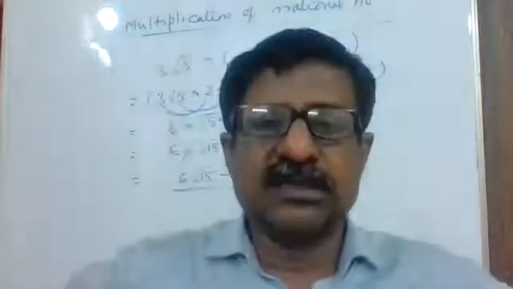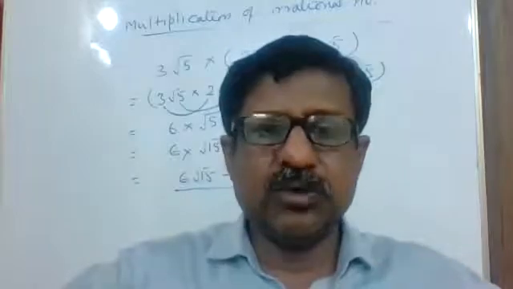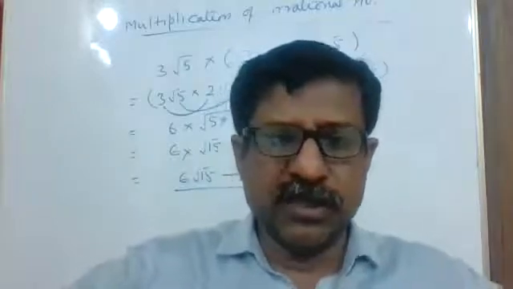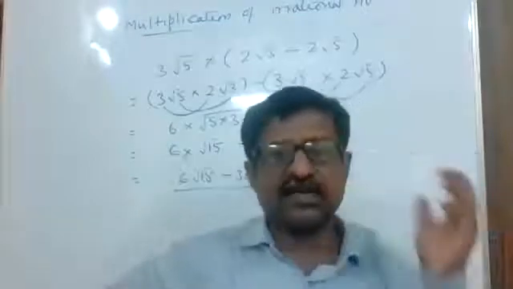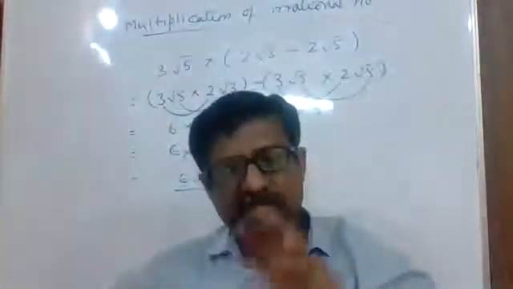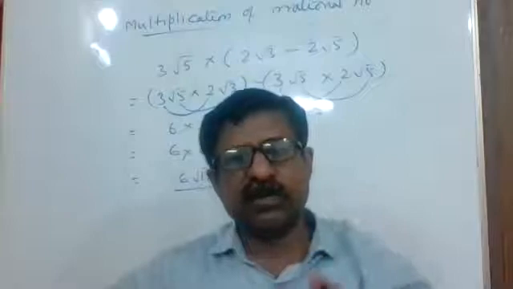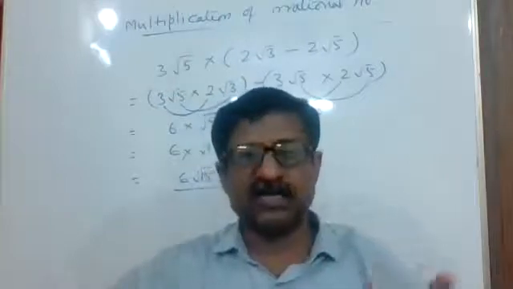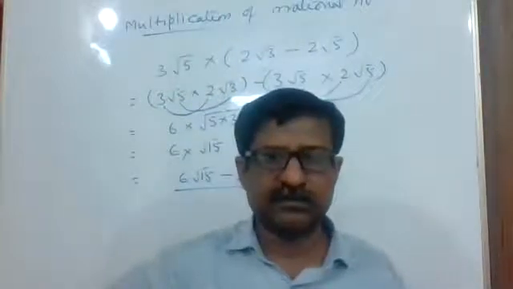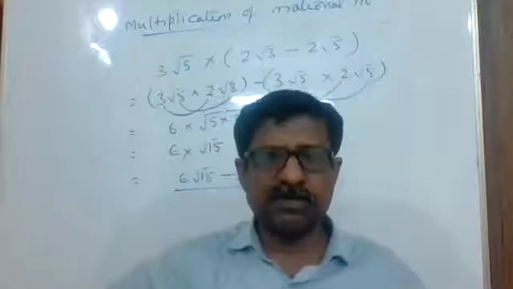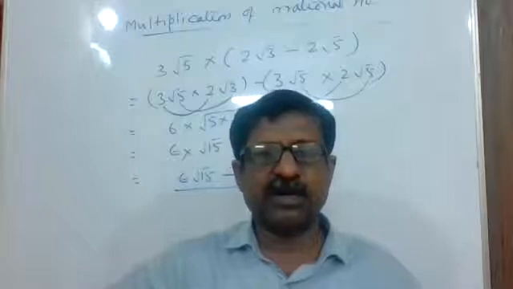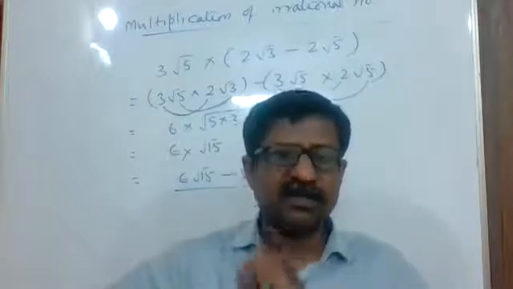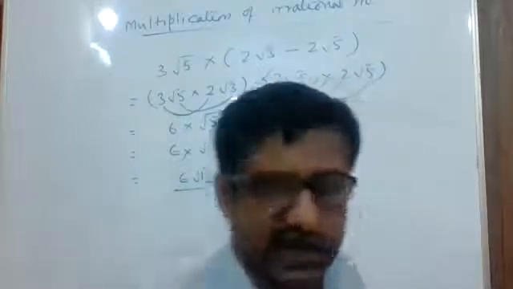Expecting that you have understood these multiplications. We'll take one or two more examples of this type, and then we will move to our main topic, rationalizing factor. Multiplication is important because you will not understand rationalizing factor before understanding the multiplication of irrational numbers.